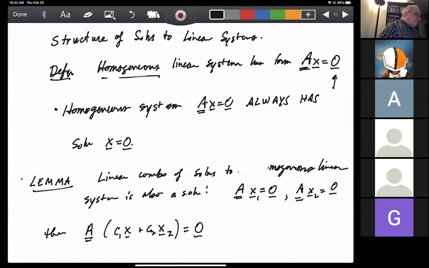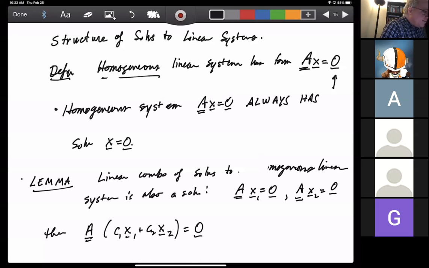And you can see that by distributing this product. You can move the constants to the front and then remember that A times x1 and A times x2 both vanish because x1 and x2 are solutions to the system.